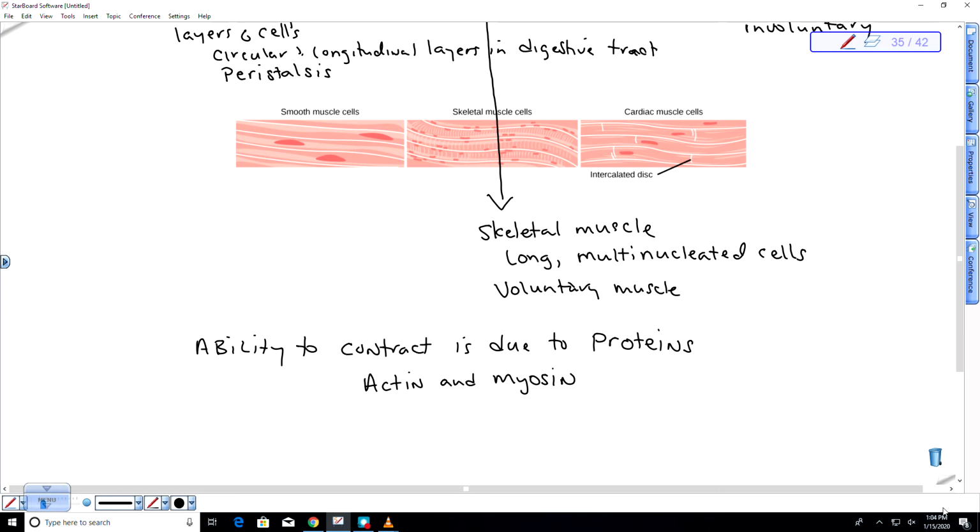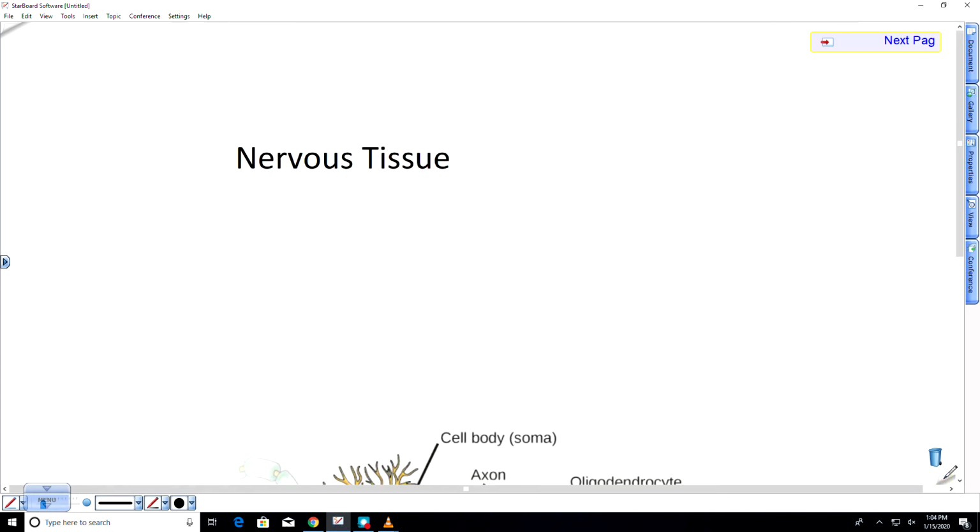Okay. And finally, the last type of tissue is the nervous tissue. And the nervous tissue consists of specialized cells called neurons. And these neurons have cytoplasmic extensions.